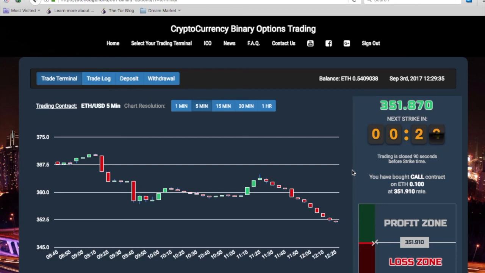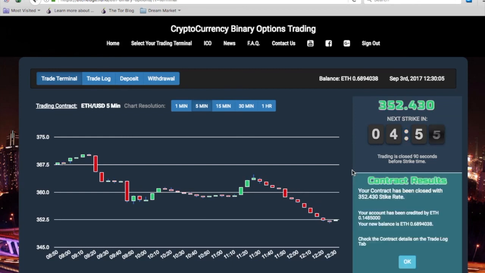So here we are, less than 30 seconds left on our third contract, and we are in the profit zone. Our third contract was bought at even lower, at 351.91, and that was the lowest price at the moment, with big chance of price getting up.